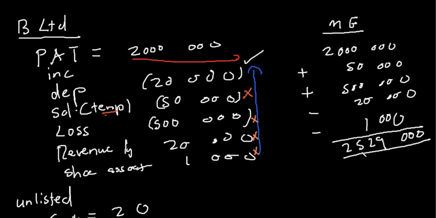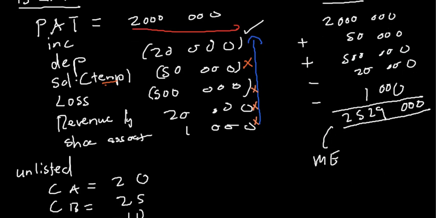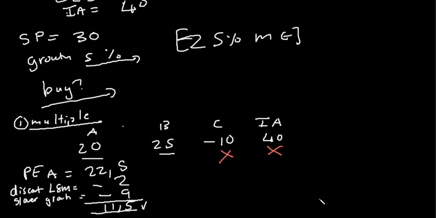Now, if we want to get the value of the company, we already have the maintainable earnings. So this is what we call the maintainable earnings of the company. What would be the value of this company, guys? Remember, from the bottom here, if we scroll down quickly, we determined that that's our multiple, or comparable multiple.